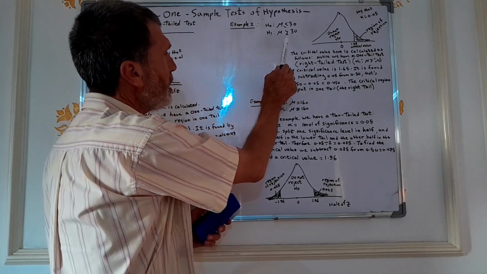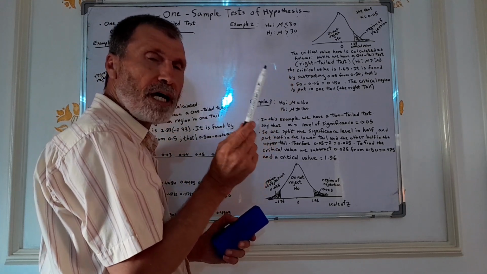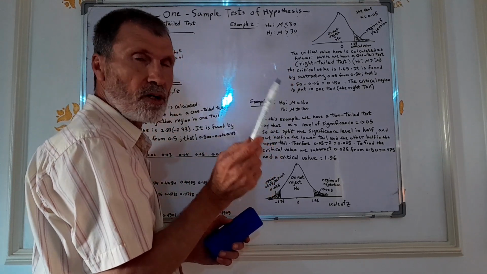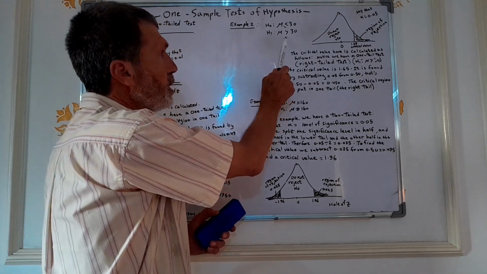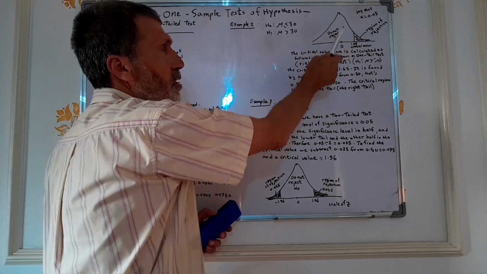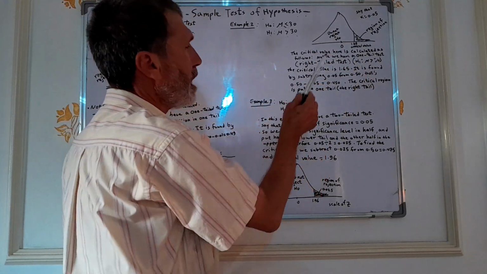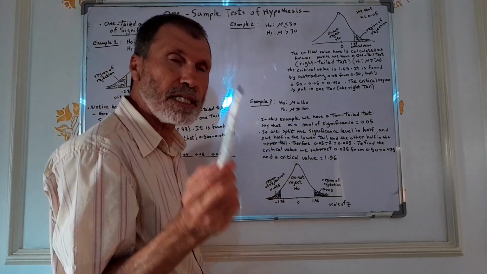The inequality is greater than. So this points to the rejection region being in the upper half of the curve. Now we want to calculate the critical value.